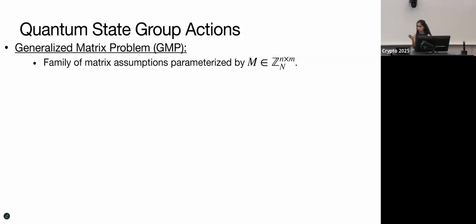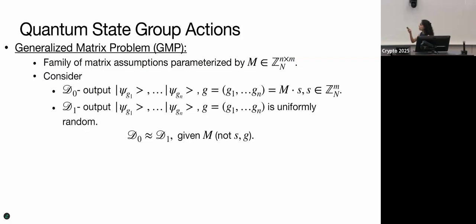Formally, the generalized matrix problem is a family of matrix assumptions that's parameterized by some matrix over integers, and we consider the following two distributions. First, consider a tuple of these quantum states, psi g1 through psi gn, where this vector g is produced by multiplying the matrix M with some secret vector S. That's the first distribution.